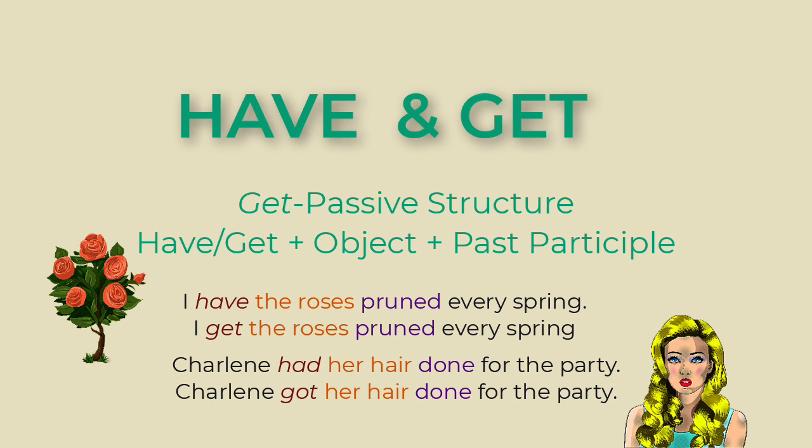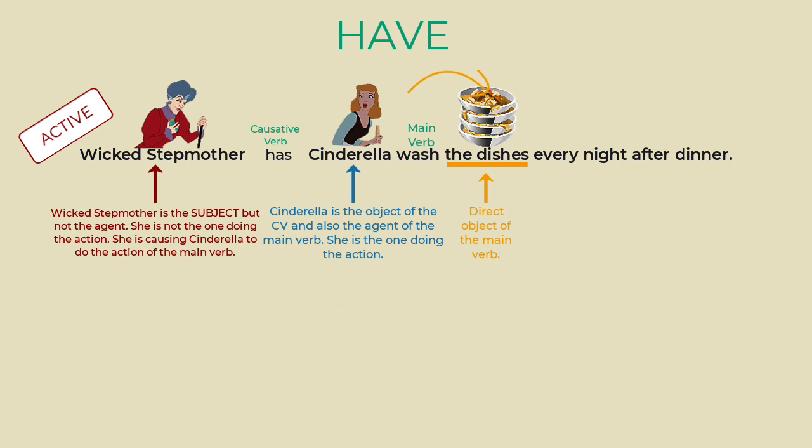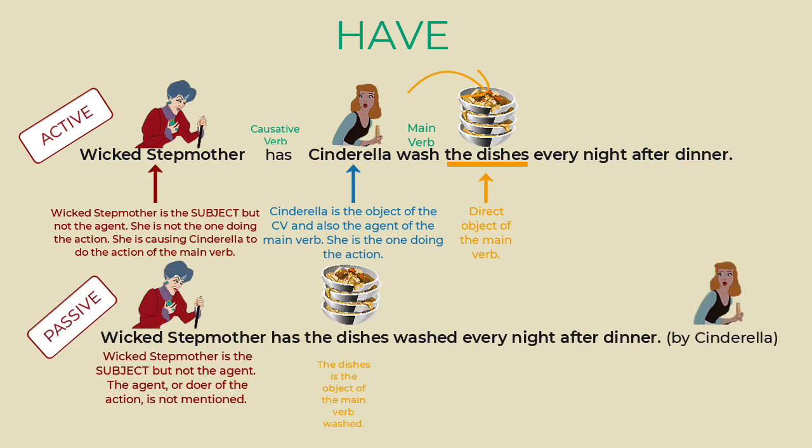Let's start with have. Wicked stepmother has Cinderella wash the dishes every night after dinner. In the passive, you would say, wicked stepmother has the dishes washed every night after dinner. Notice that now the causer, the wicked stepmother, is the subject of the sentence.